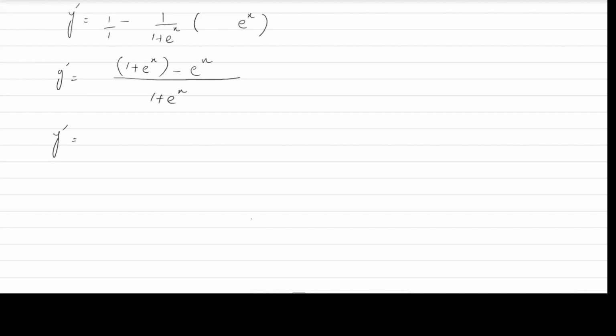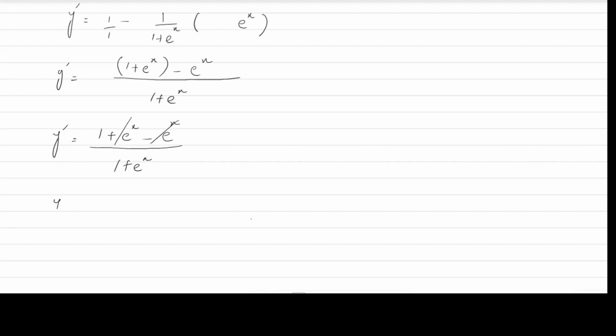So y derivative is equal to 1 plus e raised to the power x minus e raised to the power x divided by 1 plus e raised to the power x. This is cancelled.